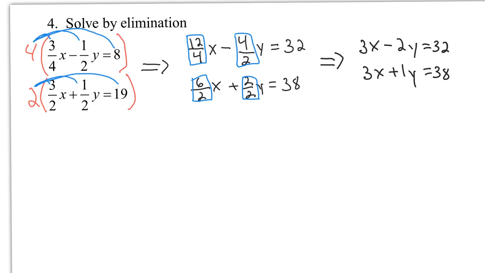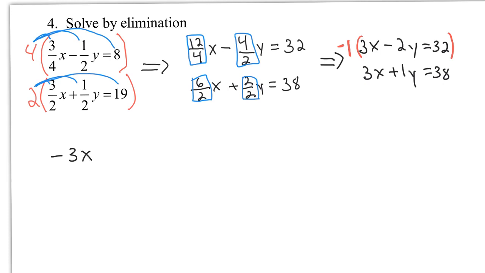So remember, just to change the sign, you multiply by -1. Doesn't matter which equation you multiply. I'm going to choose the top, and you multiply by -1. You can also choose the bottom and multiply by -1, but I'm just going to do this right here, and write it down on the bottom. So we have negative 3x.